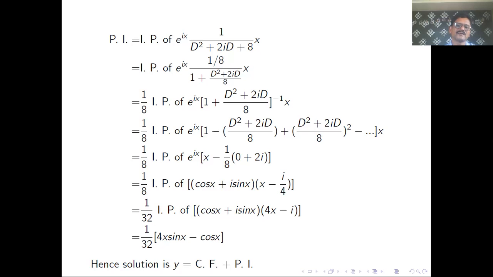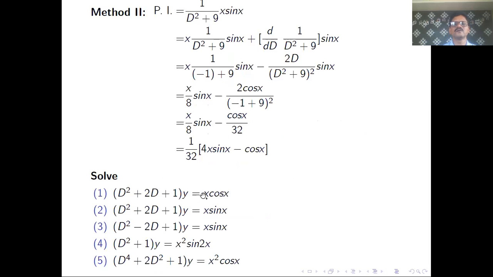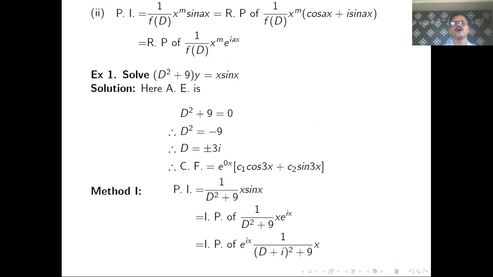So I hope you understand the proof of that theorem, as well as the example based on that theorem. We have solved this example by using the second part.